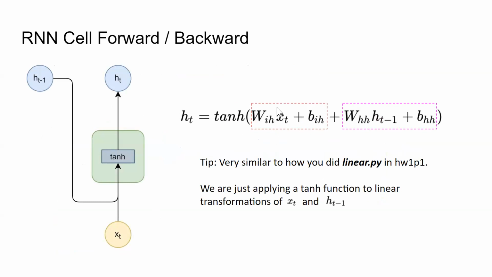You can see that this part is doing a linear transformation of the input xt, and this part is doing a linear transformation of the previous hidden state ht minus 1. Basically we want to combine these two inputs and pass it through an activation function, which is tanh, and get our hidden state for the next time step t.